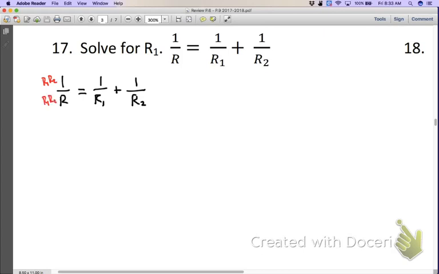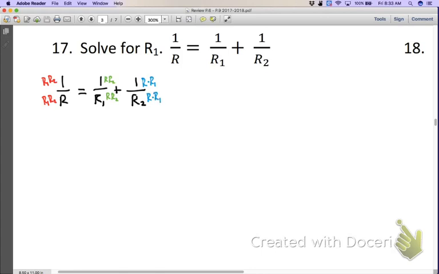I'm going to multiply the second fraction by r and r sub 2, on the top and the bottom. And then the third one, I'm going to go with r times r sub 1, and do the same thing on the bottom.